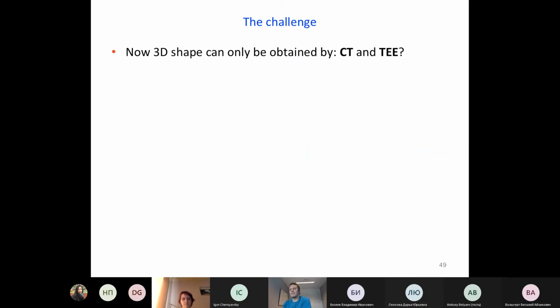Either you do a CT, actually an ECG-gated, cardiac-gated CT, which involves more radiation, or you do a transesophageal echography. You enter with a wire in the esophagus and take pictures of the valve there. So this is an invasive procedure, and it's quite challenging to do.